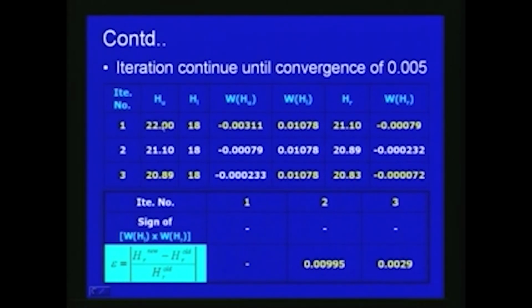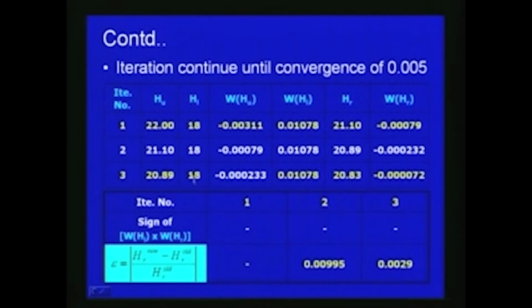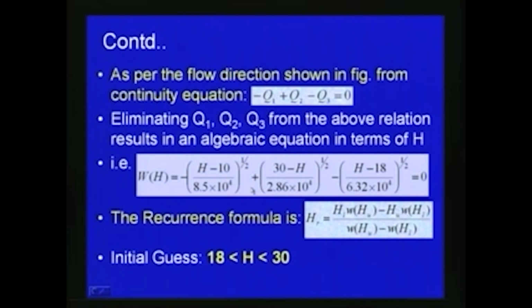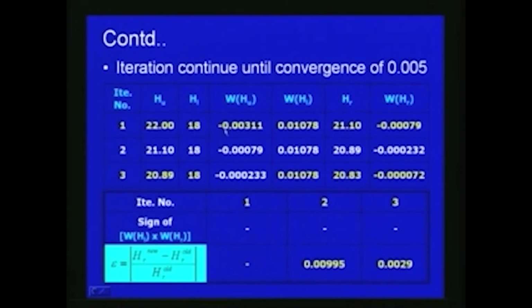So, we start with a value of 22 and the lower limit is always set as 18. After substituting 22 here, we get W(HU) as minus 0.00311, and correspondingly by putting HL as 18 we get W(HL) as 0.01078.